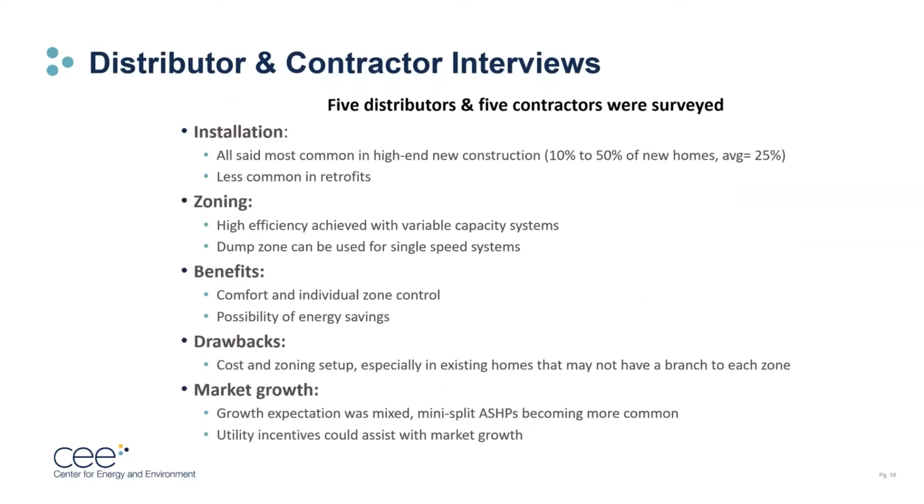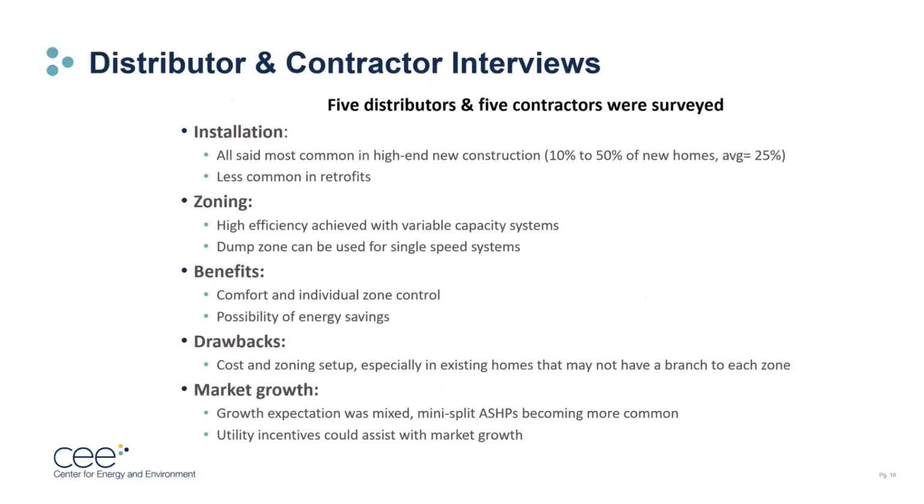Energy savings was seen as being less impactful or important. The drawbacks, all expressed that cost and the zoning setup as being challenges for these systems, especially in existing homes, due to the general absence of separate trunk lines to each zone.